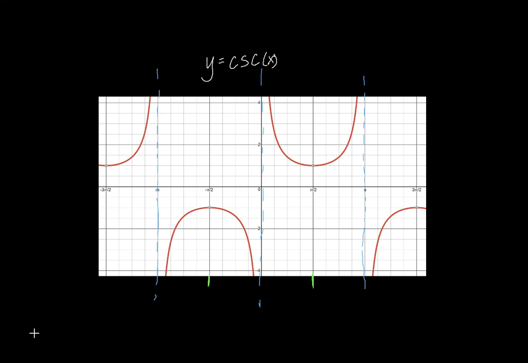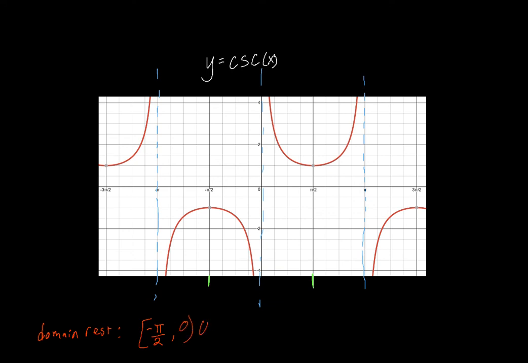So when we do our domain restriction for cosecant, it's going to be from negative pi over 2 all the way until 0. Well, we can't choose 0 because it's an undefined point, so that's an asymptote.